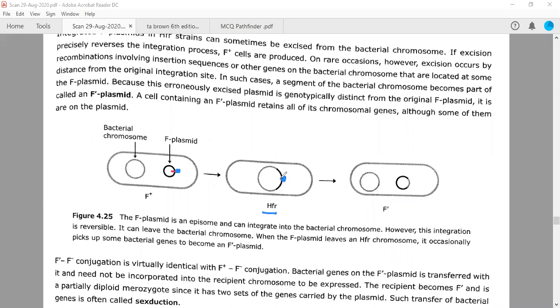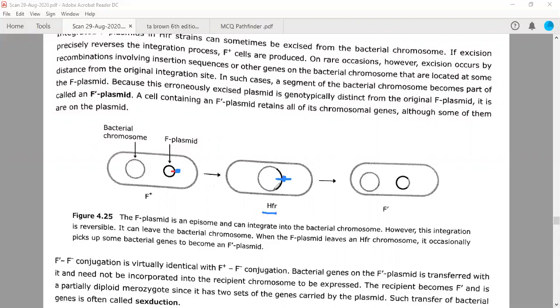So first of all, because this is broken from this particular site, if this is the 5' upper end, this will start transferring into some F negative cell or the recipient cell. You will find that half will transfer first, but the other half of the plasmid, that is, the another segment of this F plasmid, will be able to transfer itself only when this complete bacterial chromosome is being transferred, right?